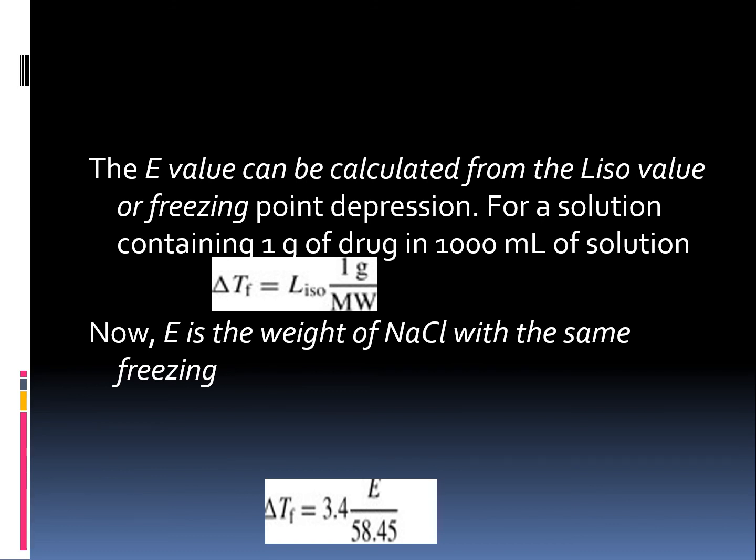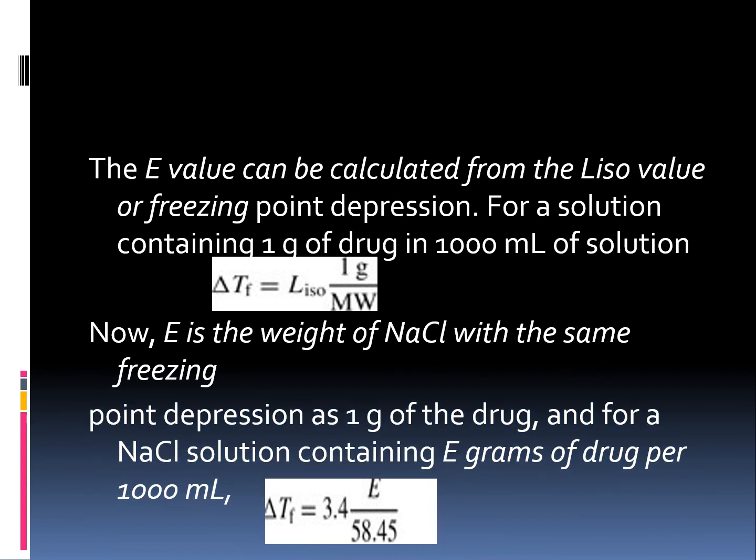Now E is the weight of NaCl with the same freezing point depression as 1 gram of the drug. So for a NaCl solution containing E grams of drug per 1000 ml, we can apply the formula: delta TF, that is lowering in freezing point, is equal to 3.4 into sodium chloride equivalent divided by 58.45, that is the molecular weight of NaCl.